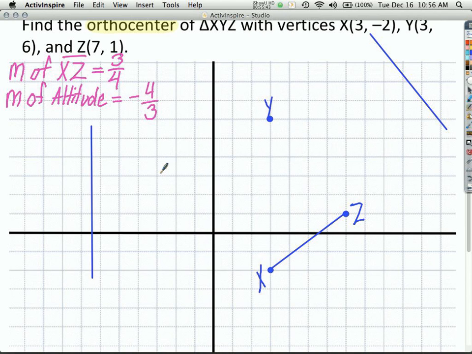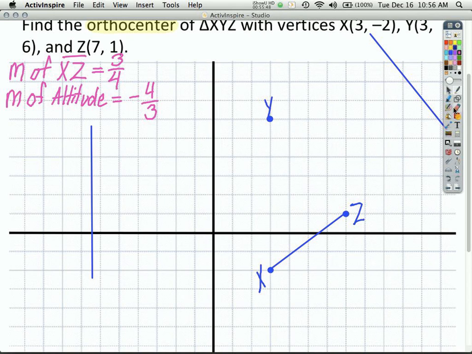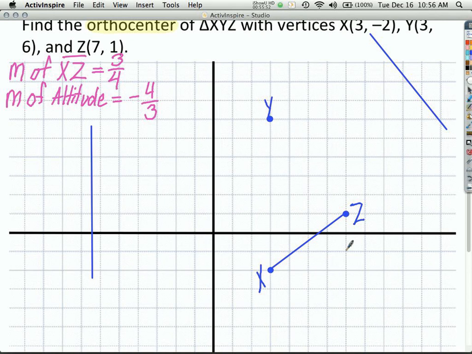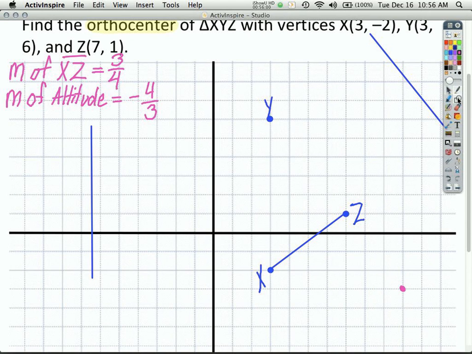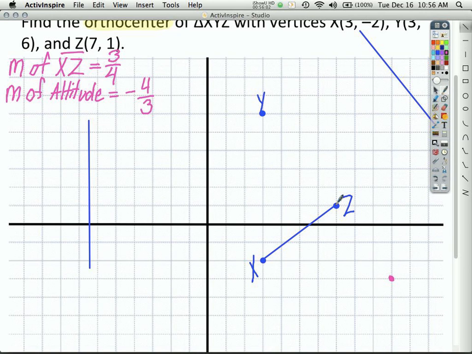So just watch. I'm going to do something wrong first, okay? So I could start right here, and I could go down 4, 1, 2, 3, 4, over 3, 1, 2, 3, put a point right there, and draw a line through them, right? That is perfectly perpendicular.